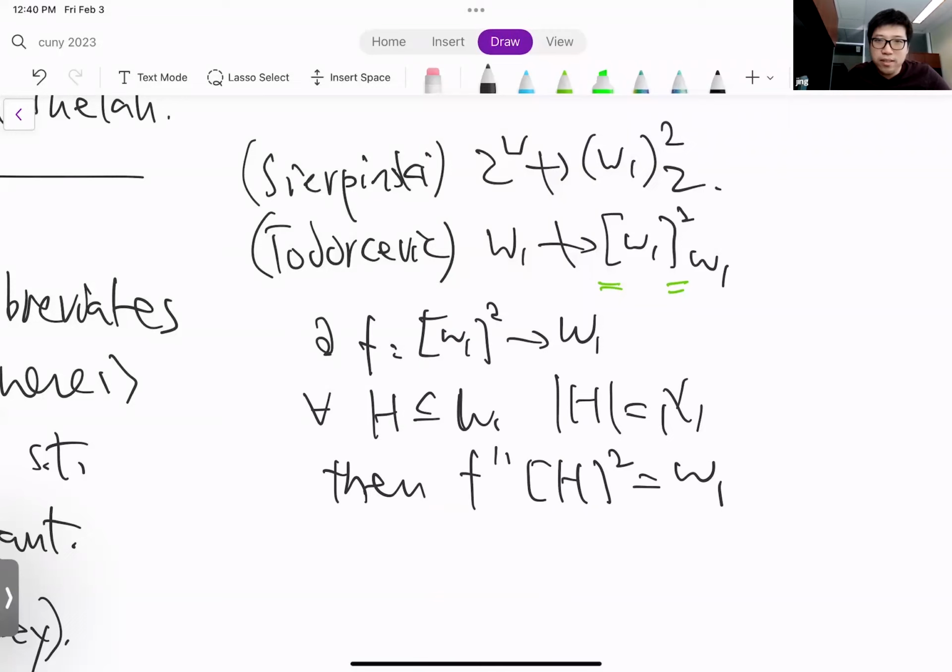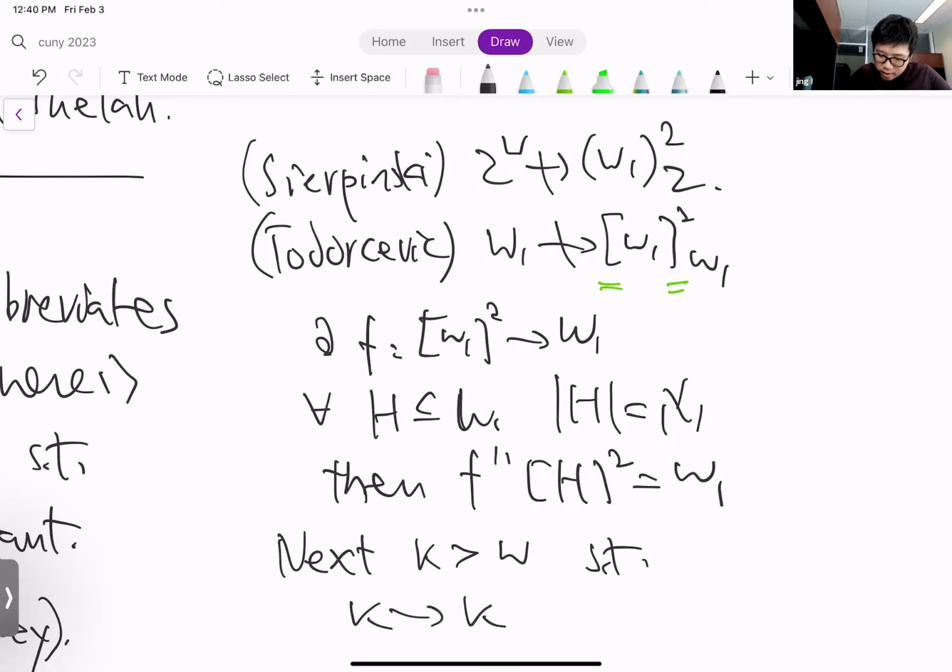And then we know that the next kappa such that the Ramsey theorem holds is a large cardinal, right? It's the well-known weakly compact cardinal.